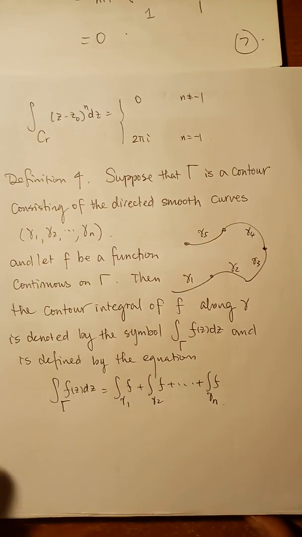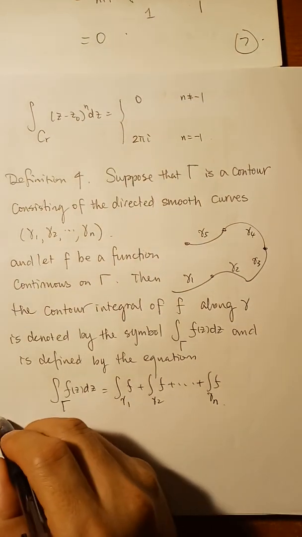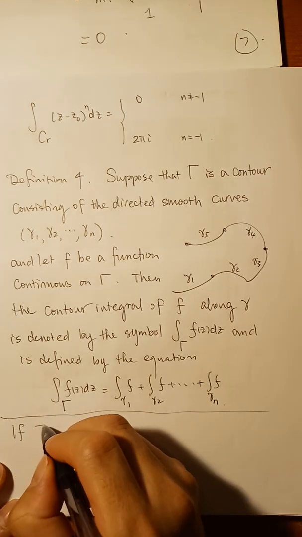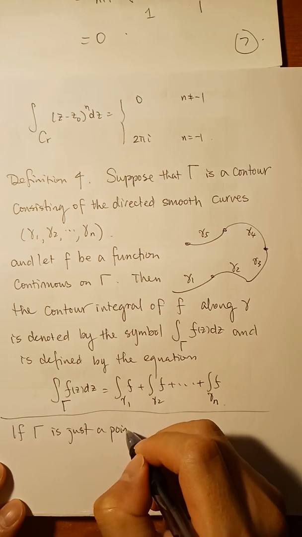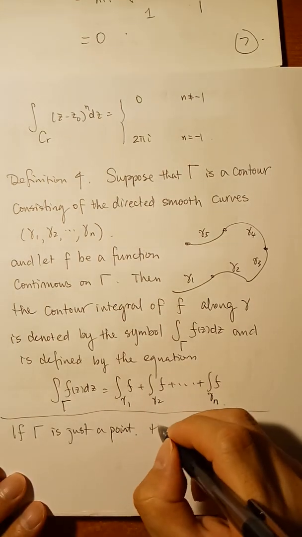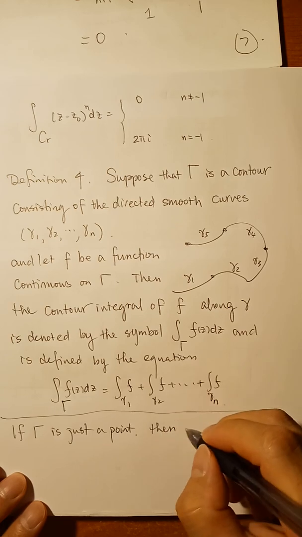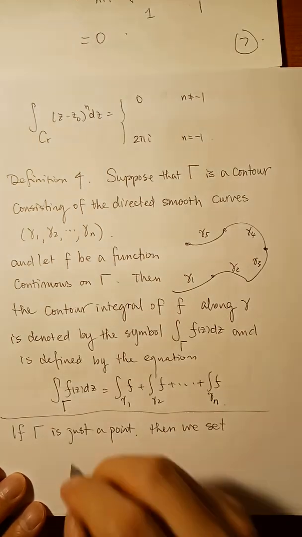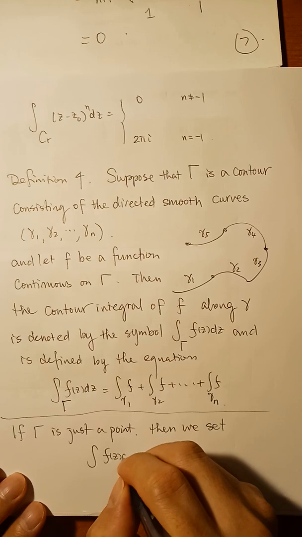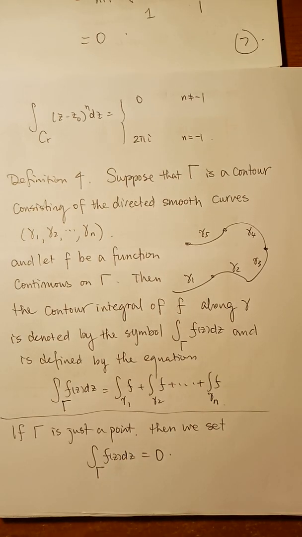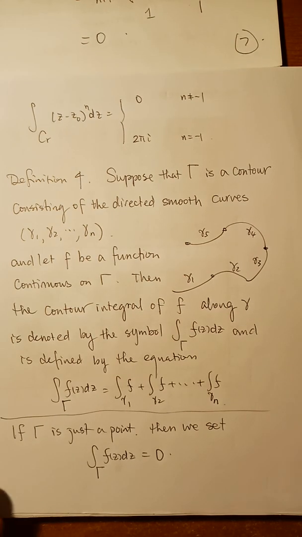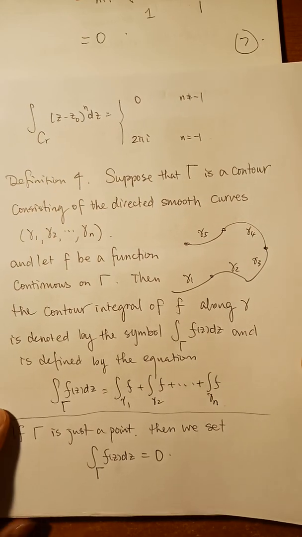In the special case where this contour is just a point, we set the integral of f(z) dz to be 0, in our continuous sense.